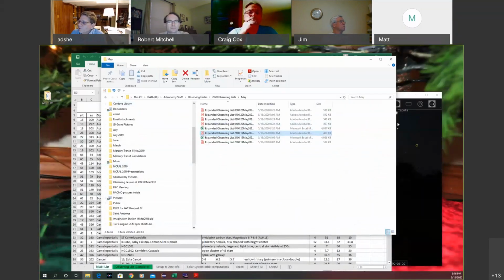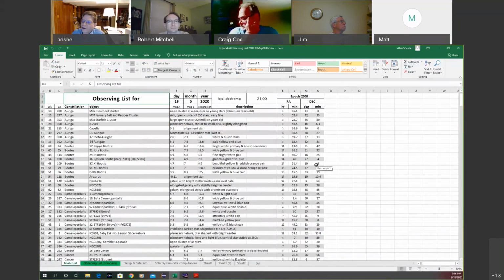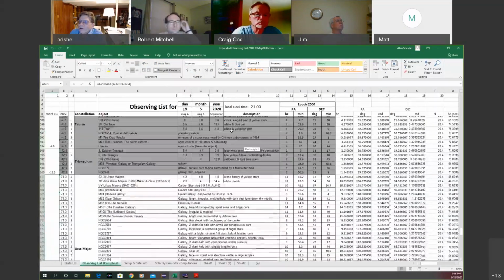This is the same thing, but this is the actual generator that I use to generate observing lists. This is what's generated, so this is all the raw data that's in there.